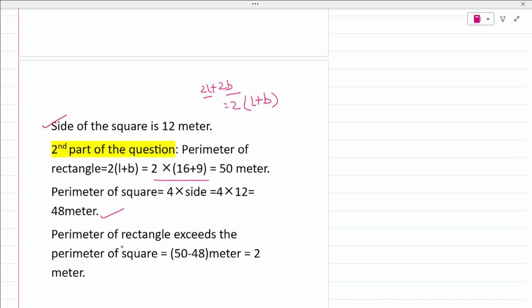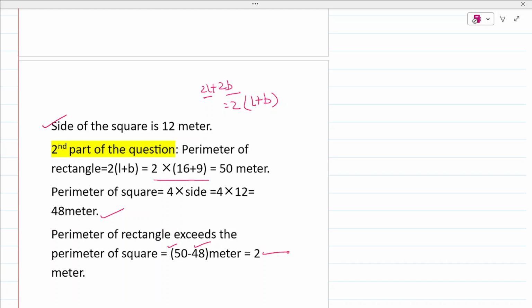Now perimeter of the rectangle exceeds, we need to know how much the rectangle's perimeter is bigger than that of the square. So the perimeter of the rectangle, that is 50, minus the perimeter of the square, that is 48, is equal to 2 meters.